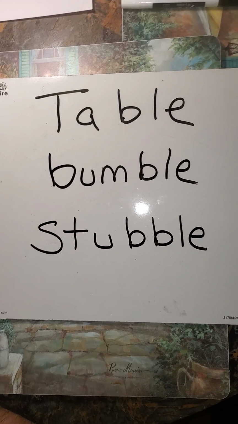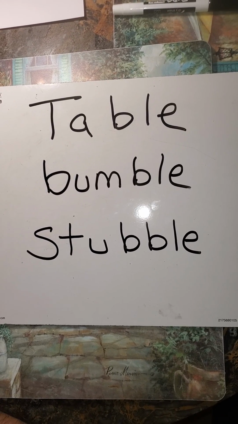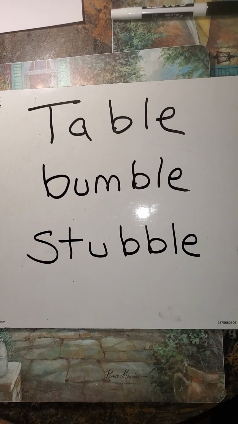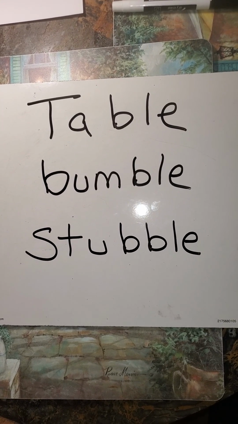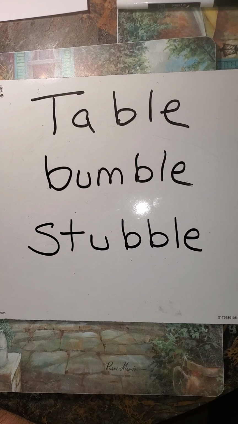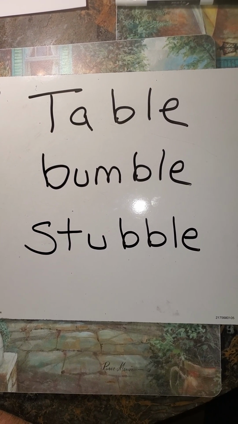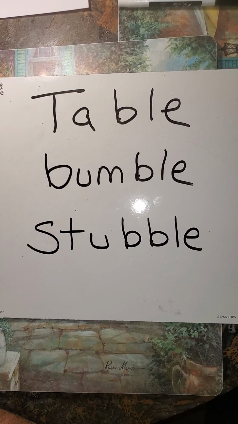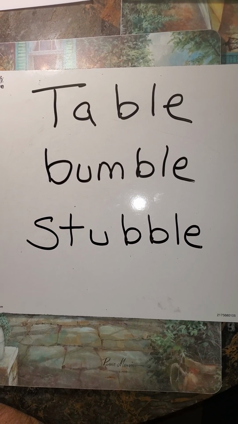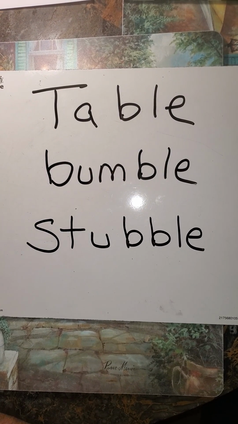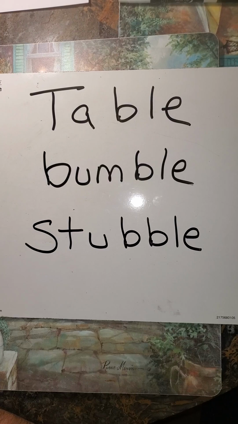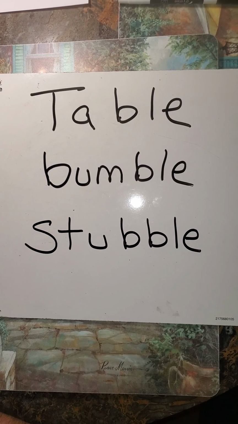Why do you think we call it final? It's because it is in the final position. Why do you think we call it stable? It is stable because it doesn't change. We can count on it having the B sound whenever we see it.